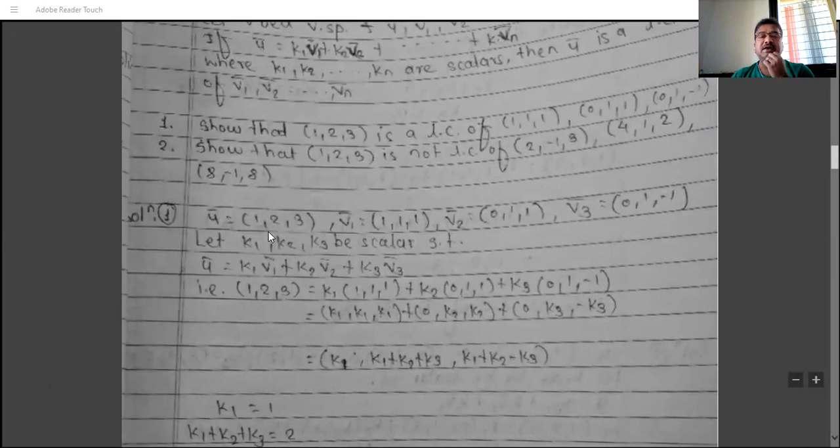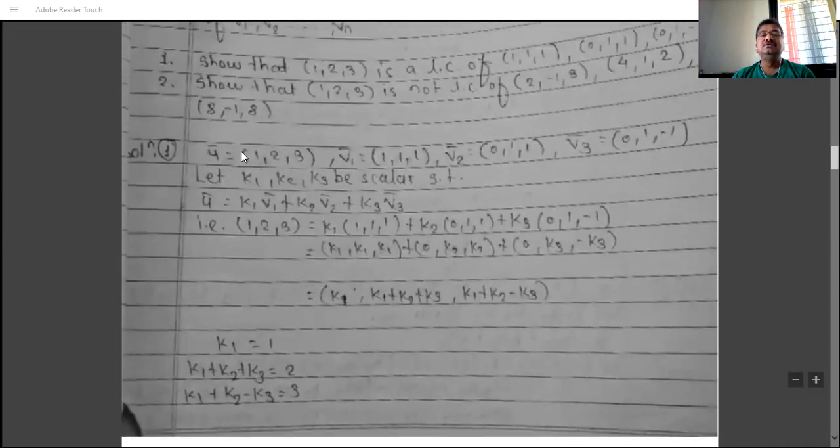Now we have to express u as a linear combination of v1, v2, v3. That is, we have to find scalars k1, k2, k3 such that u = k1 v1 + k2 v2 + k3 v3. If these scalars k1, k2, k3 exist, then we say that u is a linear combination of v1, v2, v3.